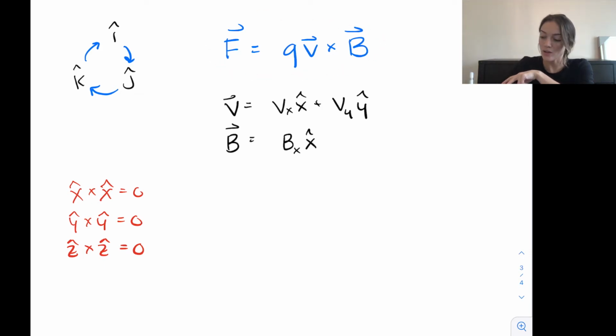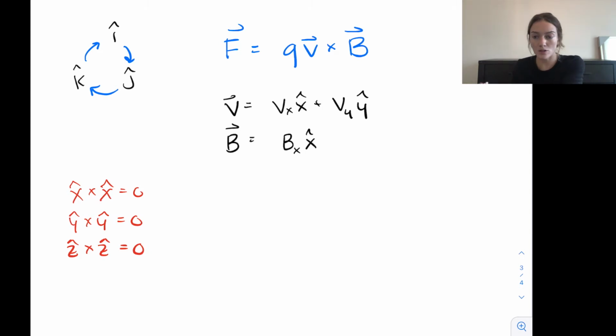So the way the cross product is defined is that V, B, and F all have to be perpendicular. No two of them can be parallel because then the cross product would just be 0. So by definition, if you have a magnetic force, that means that your velocity and your magnetic field must have some perpendicular component, because if they were parallel, the force would just be 0.